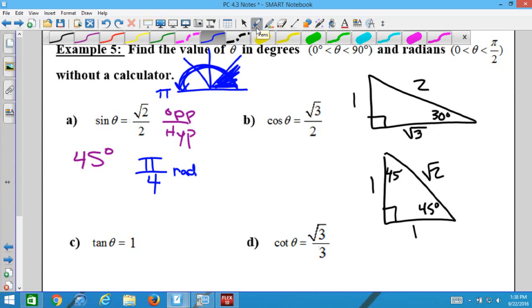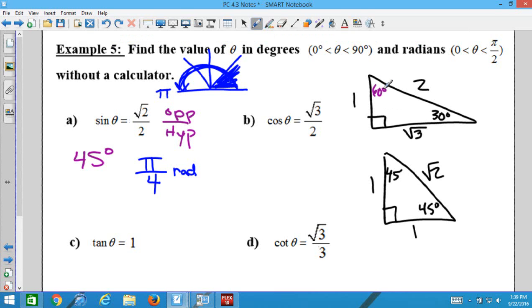So question B, the degrees. Cosine theta is square root of 3 over 2. Which triangle definitely has to be in? 30, 60, 90. So we're going to figure out which angle is the cosine, the adjacent square root of 3. Is that 30 or is that 60? Adjacent, 30. This is the adjacent.